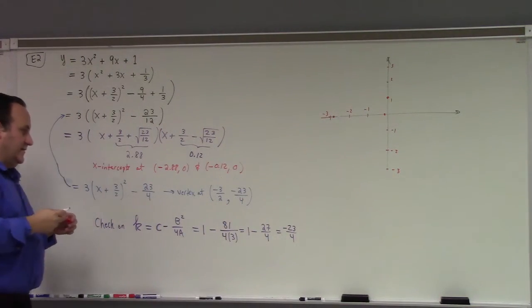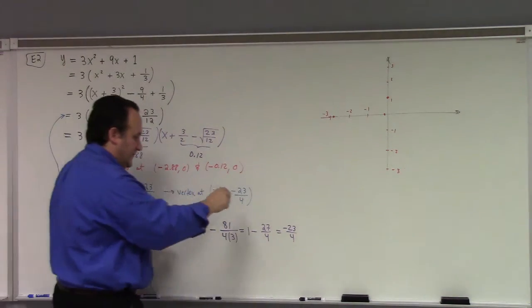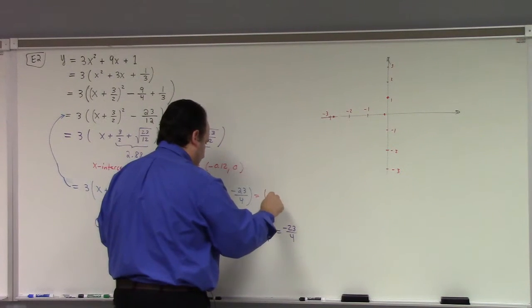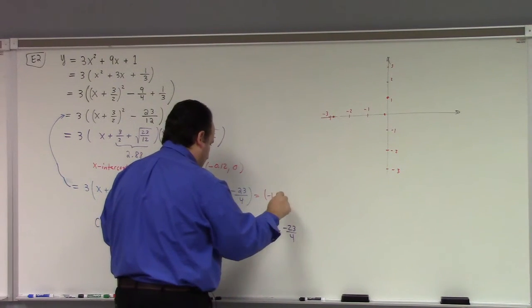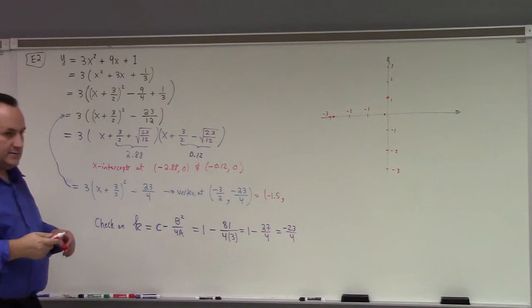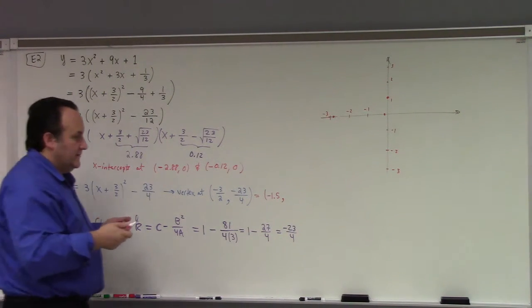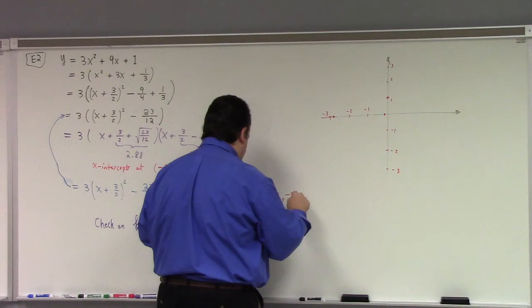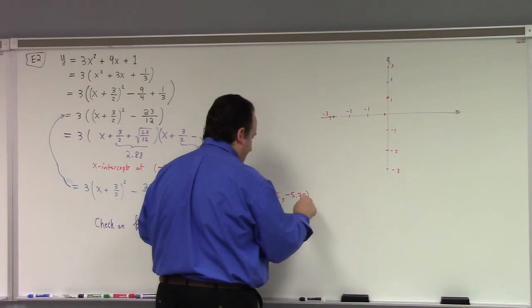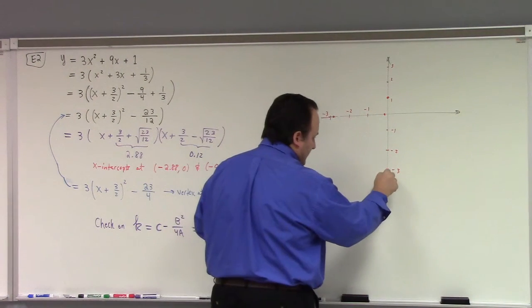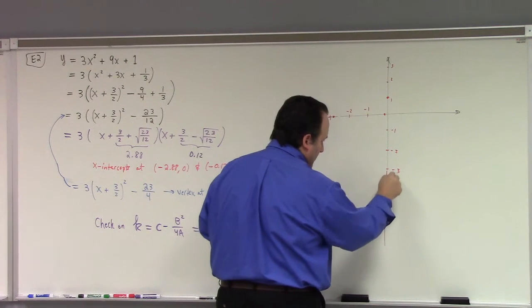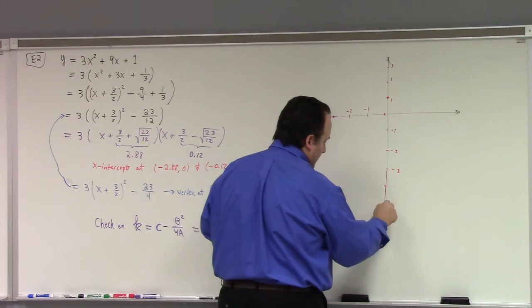And my vertex is where? So in decimals, this is minus 1.5, comma, what is 23 over 4? Well, if it's 24 over 4, it'd be 6, right? So that's minus 5.75, which is a bit down here. So there's my 4, 5.